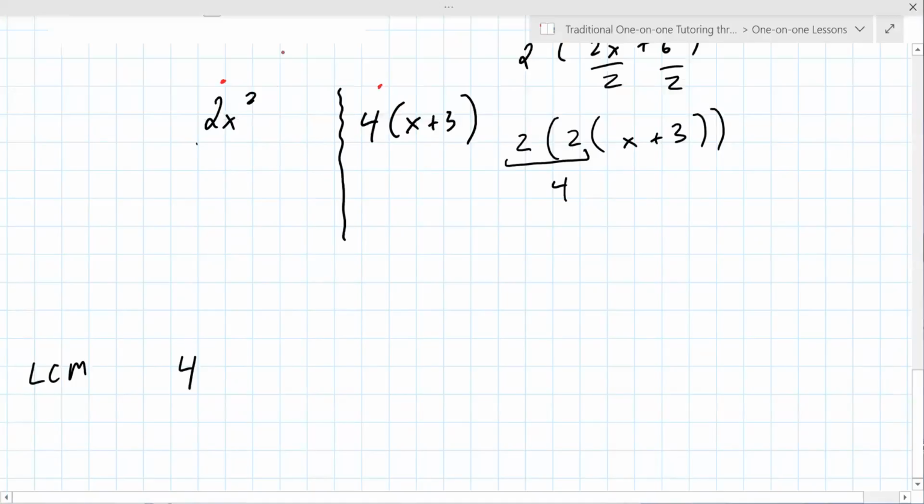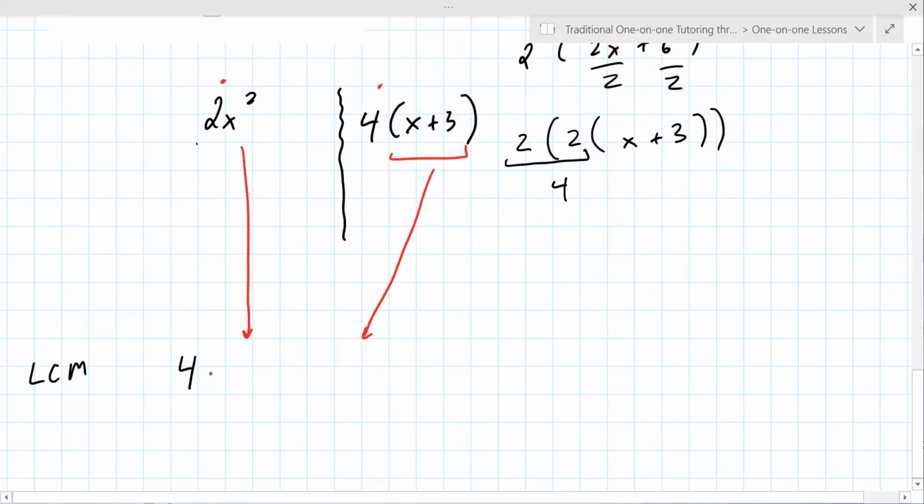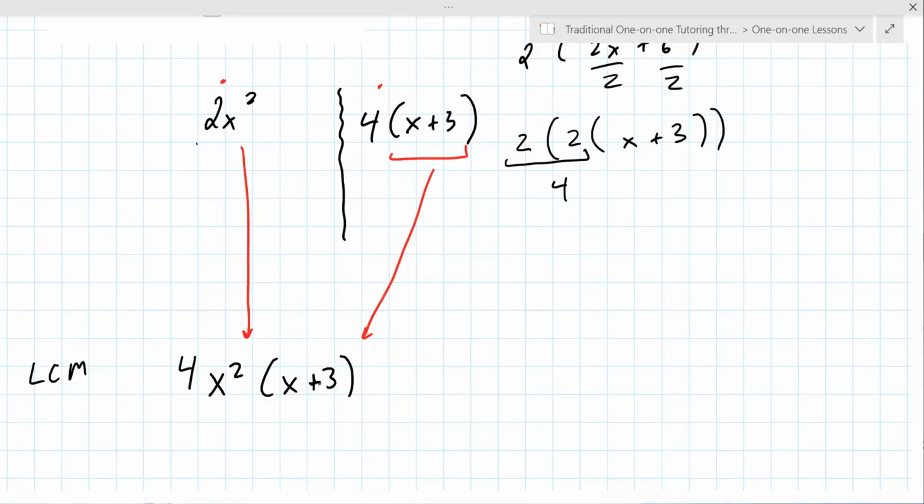But now the x squared you have to bring down, and the same with the x plus 3, because they're different in each. I know this isn't a great explanation. It's just a little bit awkward. I think it'll be clearer when we do the next section where we actually have to use these things.